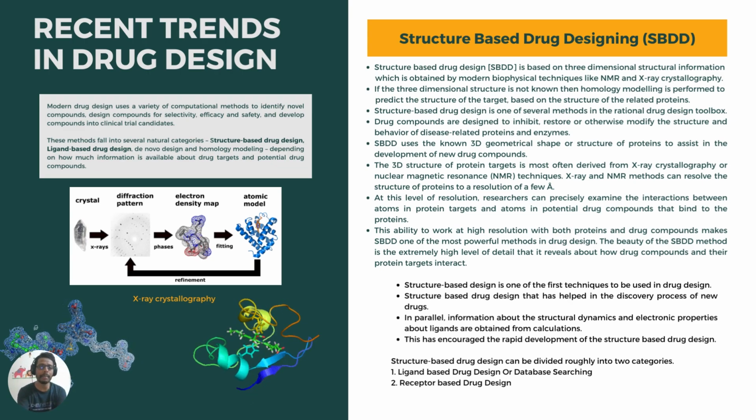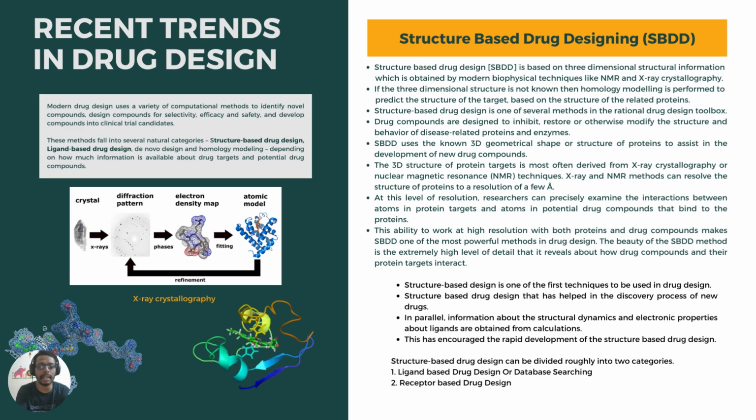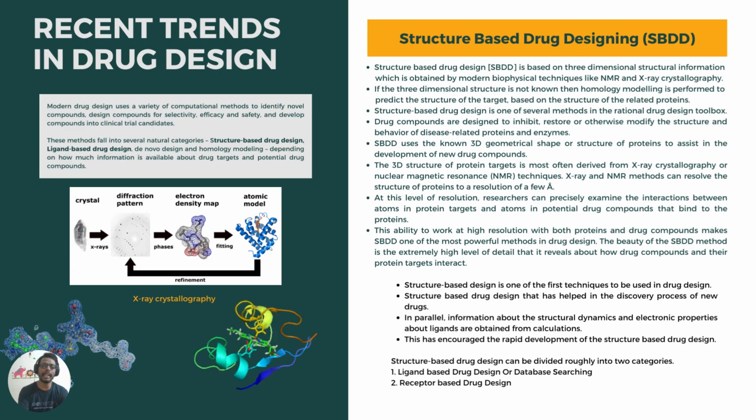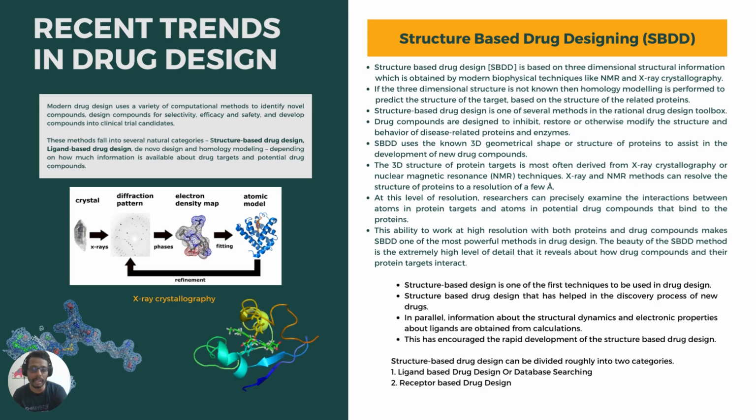This comes under structure-based drug design, also called SBDD. SBDD uses the known 3D geometrical shape or structure of proteins to assist in the development of new drug compounds. Based on the 3D geometrical arrangement of proteins and enzymes, new drug compounds are developed.